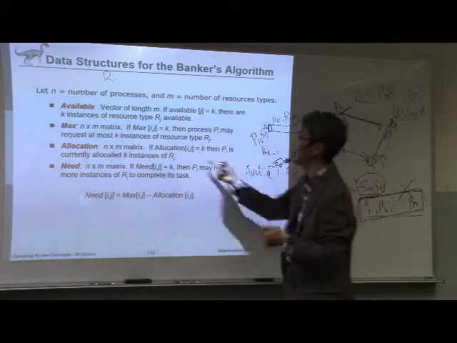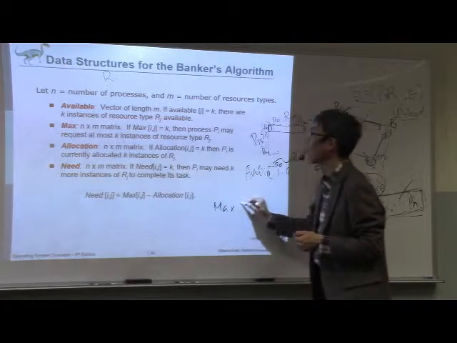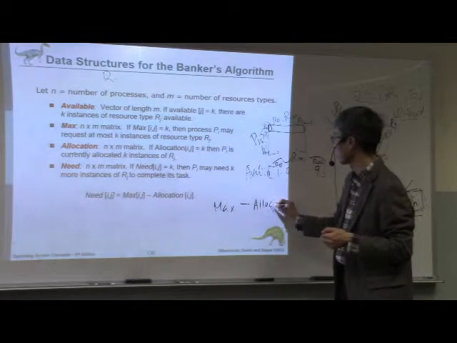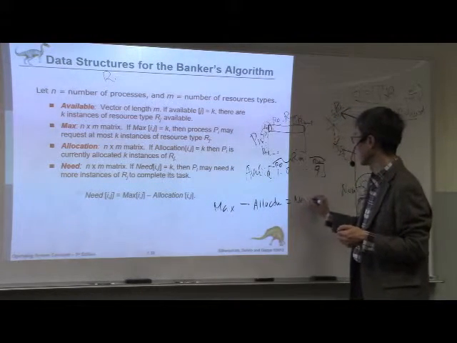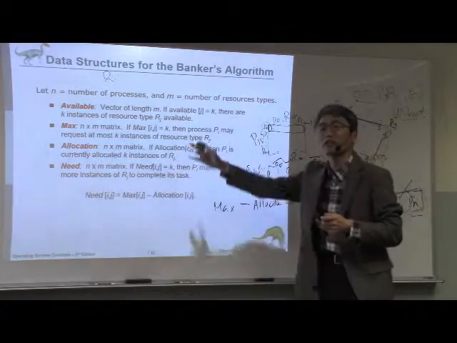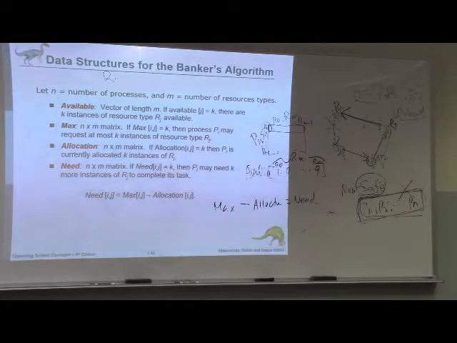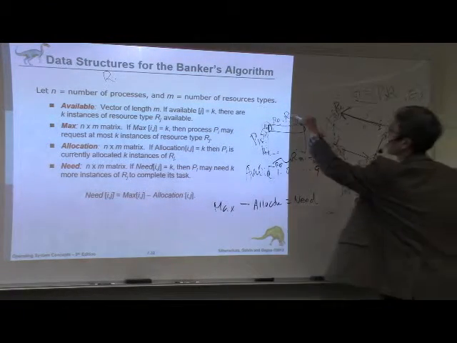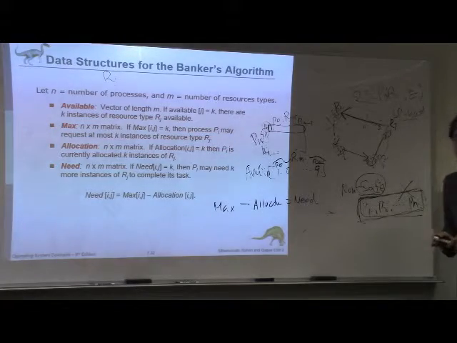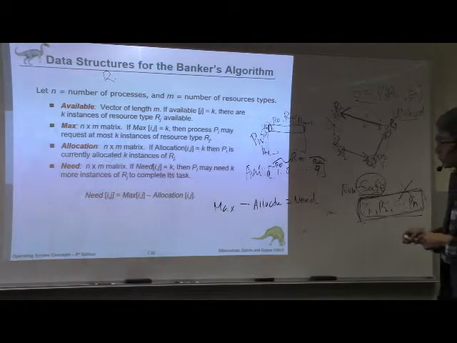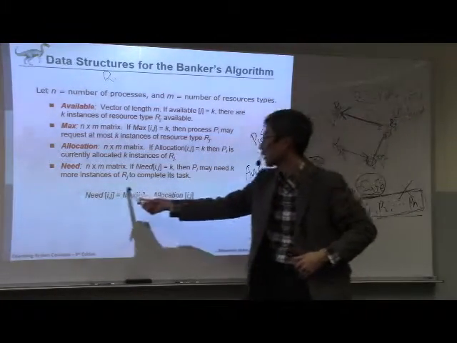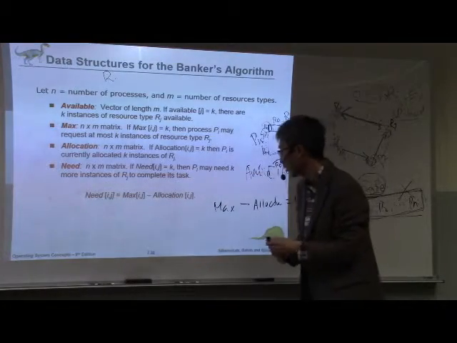So actually the need is the max minus allocation. It's the same idea as the previous simple example, but in this case we generalize to n processes, m resources, and also a number of instances. So need can be calculated from max minus allocation.